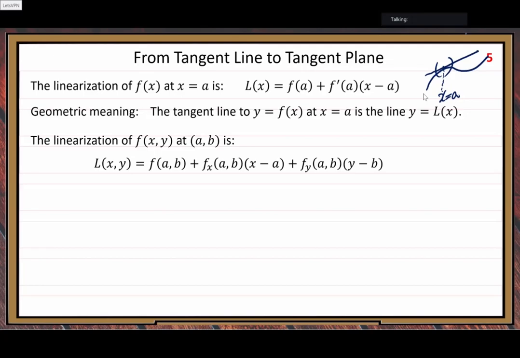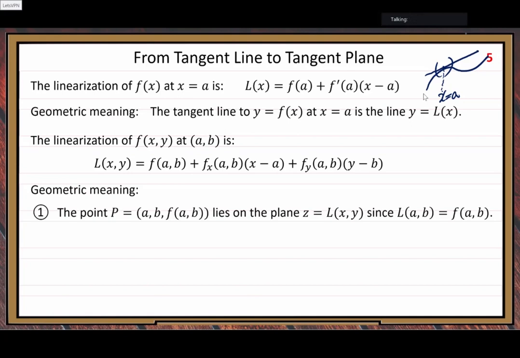This linear function in the two variable case is a plane. Why tangent plane? Let's look at the geometric meaning here. First, the point P at (a, b) and its value.